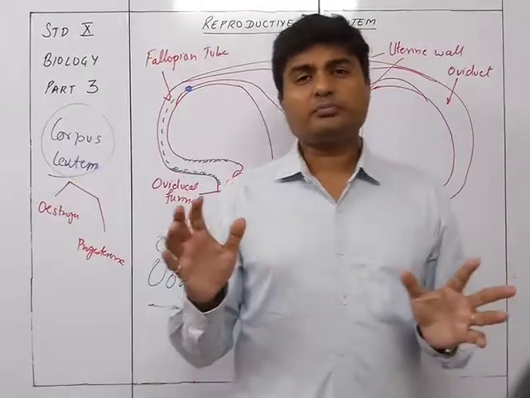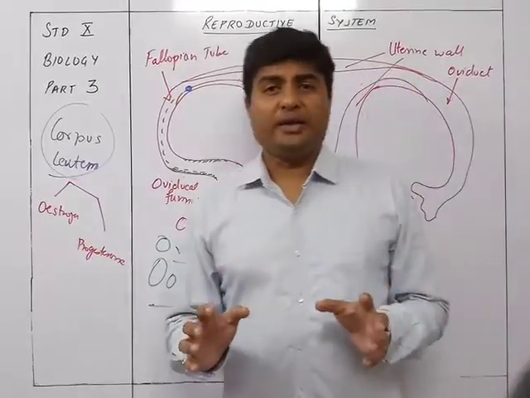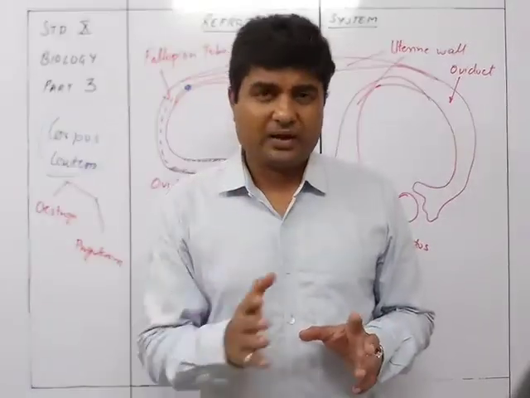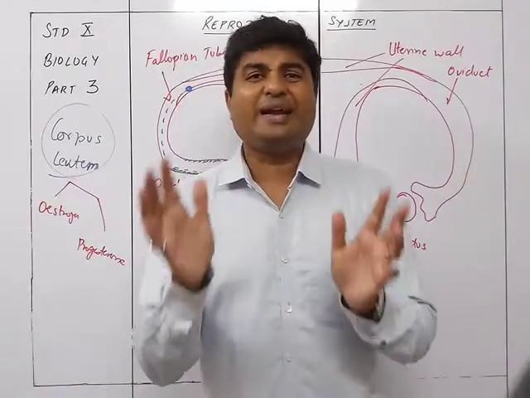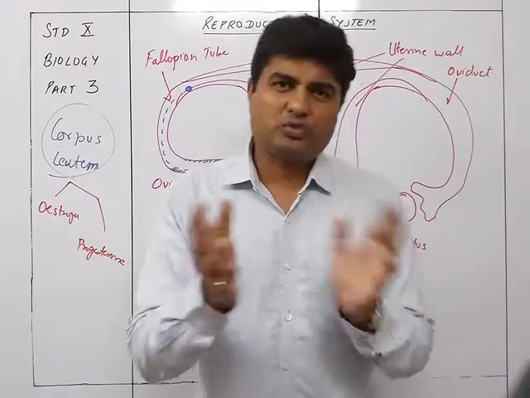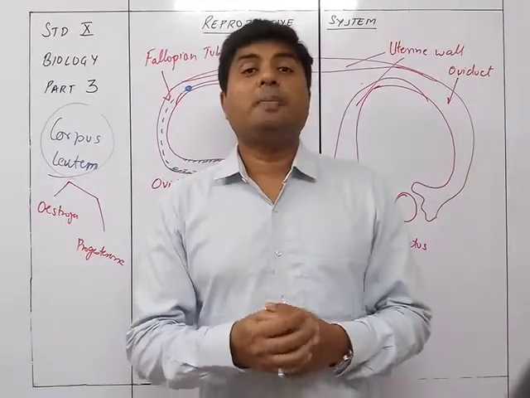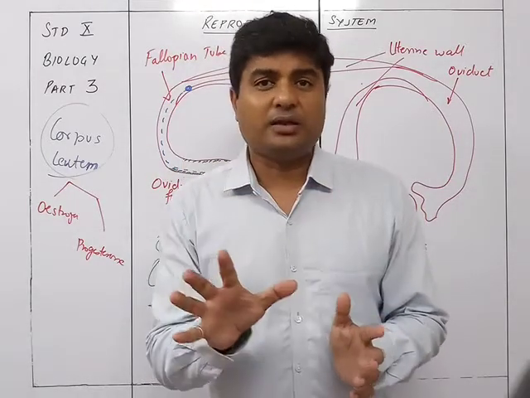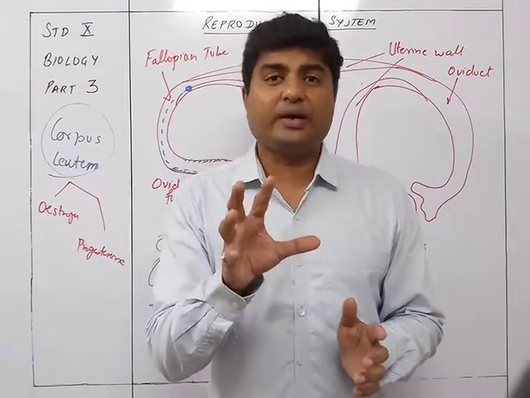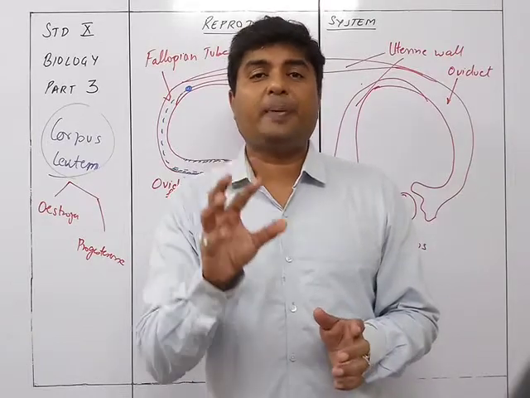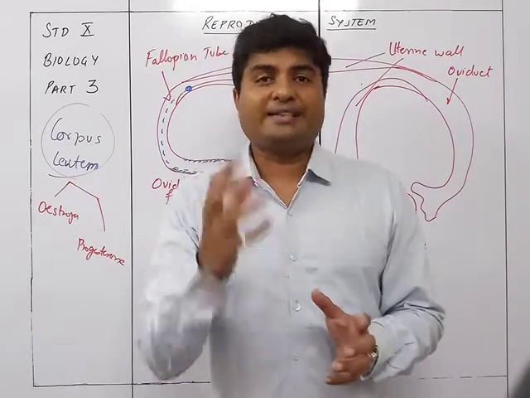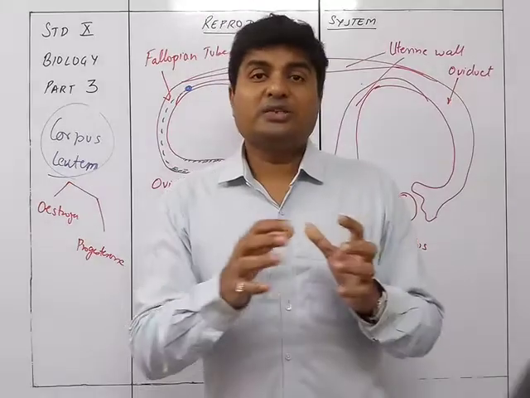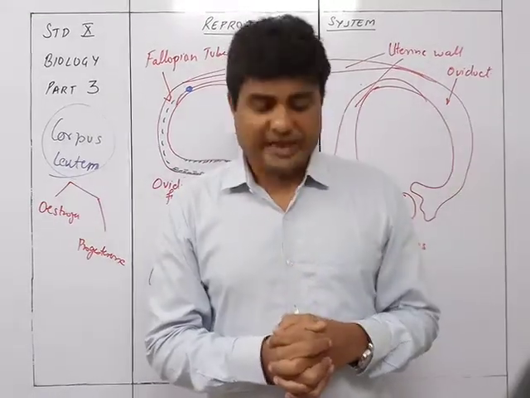So the female body goes through a cycle continuously. It will be a 28-day cycle, sometimes 1 or 2 days more or less, and that cycle sees to it that the body is preparing itself for accepting or receiving the embryo. So this cycle is called the menstrual cycle.